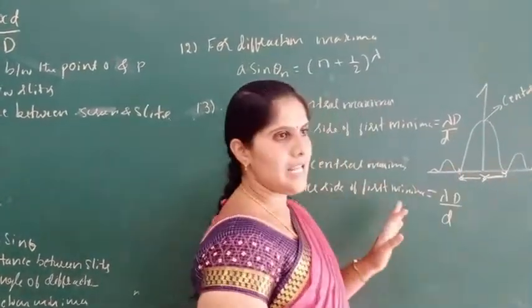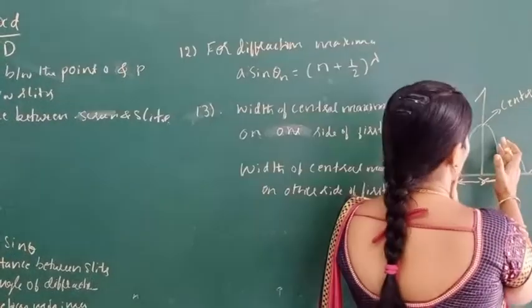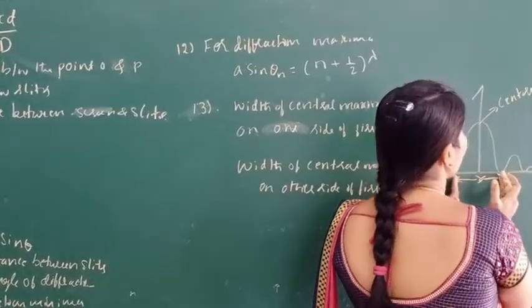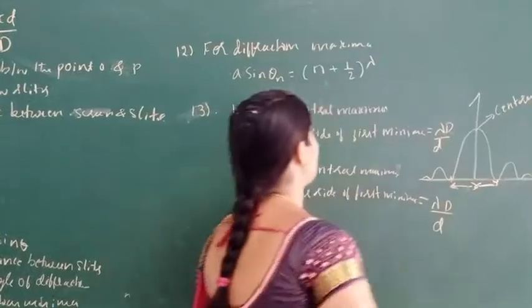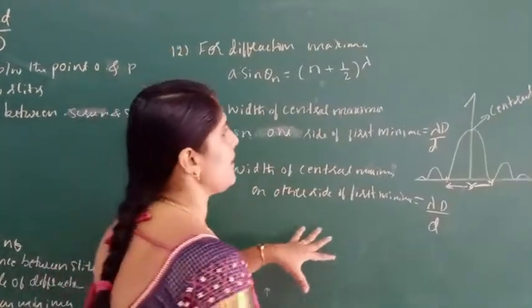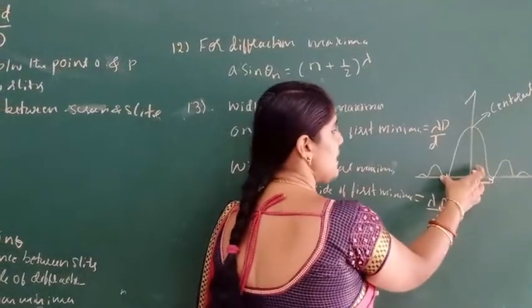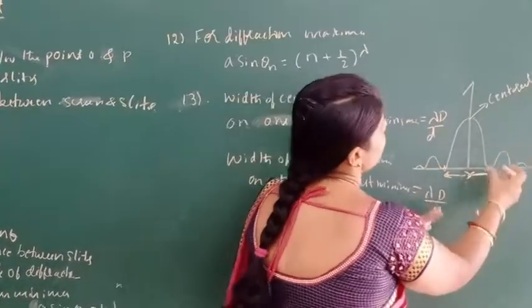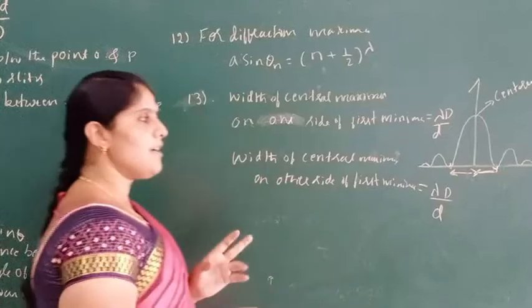Then what is the total width of the central maxima? So the total width of the central maxima is the width on one side plus the width of the central maxima on the other side of the first minima.